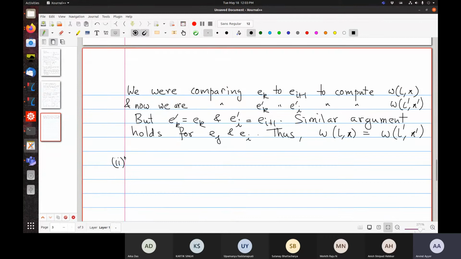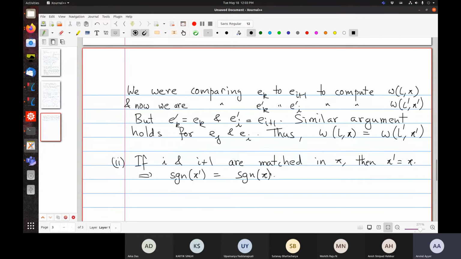In the second case, which was if i and i plus 1 are indeed matched in pi, then pi prime is pi. Right? So no change. So sign of pi prime is sign of pi.